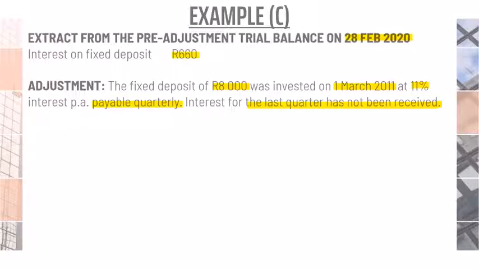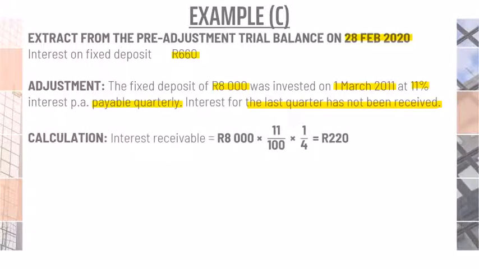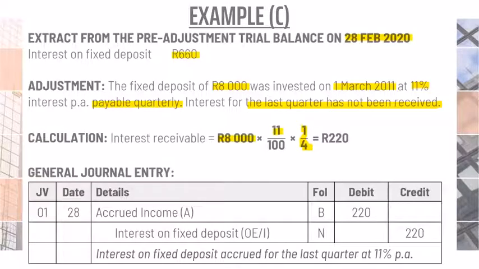So normal interest calculation, it's the fixed deposit value multiplied by the rate of 11% multiplied by 1 quarter. That gives you 220 Rand. That's the value that is accrued income because we've earned it, we just haven't received it.